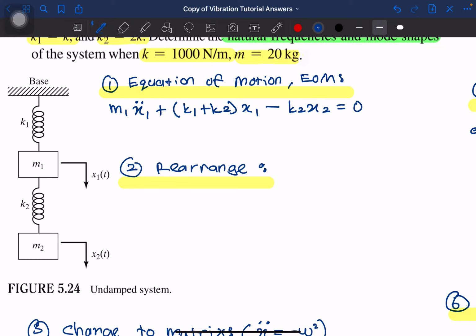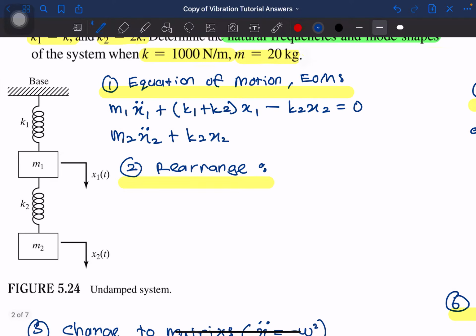Do the same thing for the second equation of motion for m2. Now m2 is undergoing motion in the x2 direction, so m2 x2 double dot. m2 is attached to k2, so we plus k2 x2.